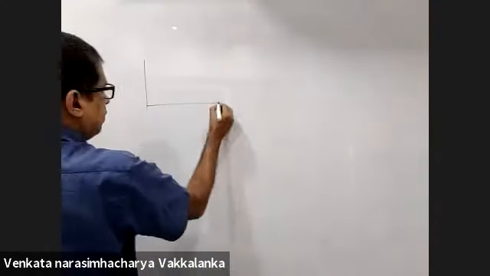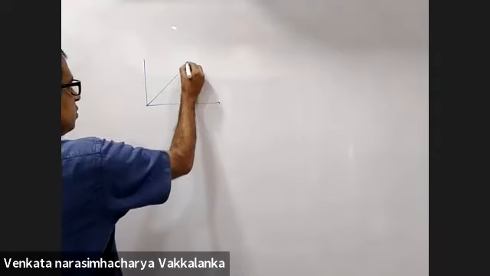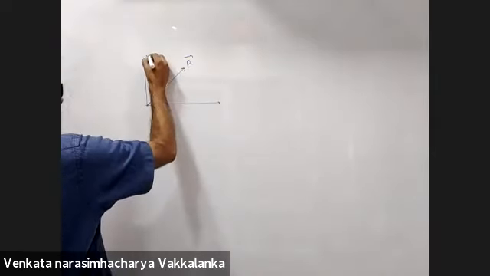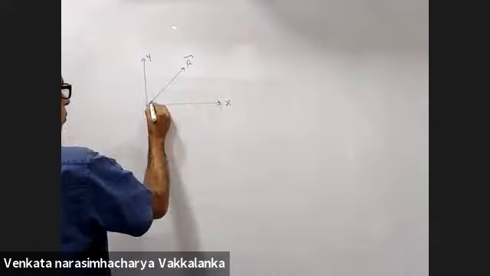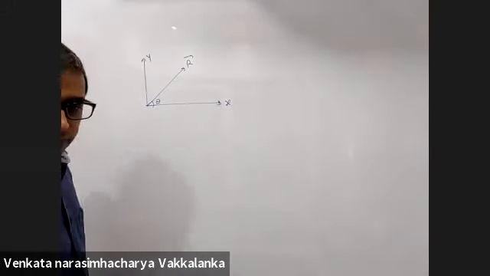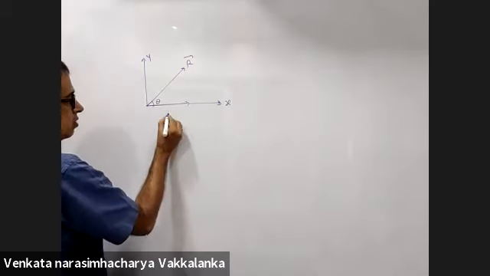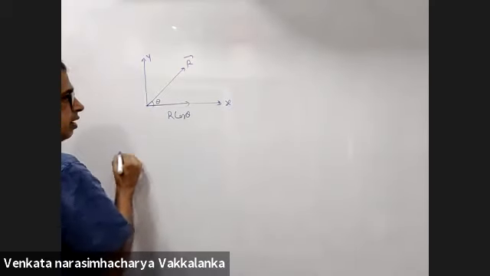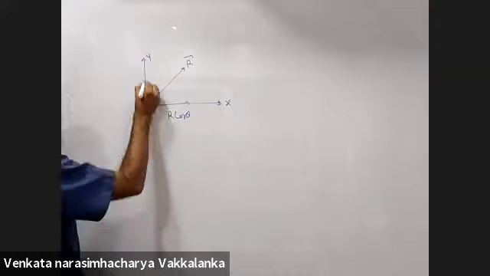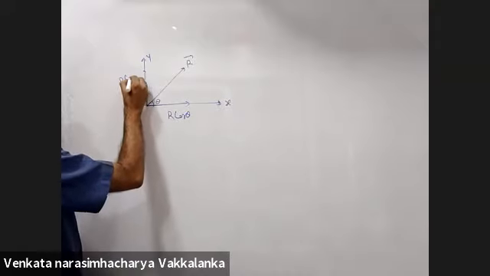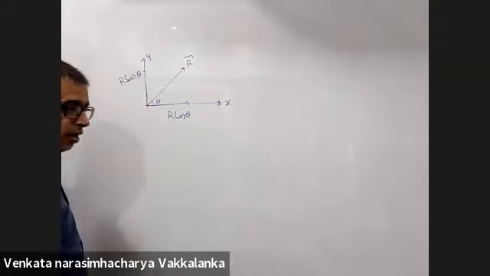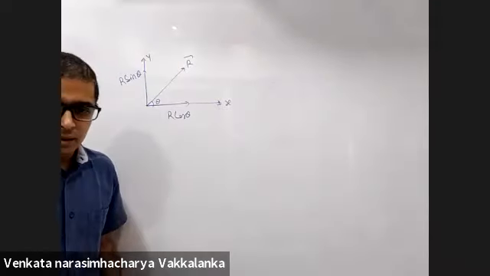Remind you people of what we have done in the previous class. One point, remember this is a vector R. We learned one thing. Component of this vector along x-axis will be vector into cos theta. Component along y-axis is vector into sin theta.